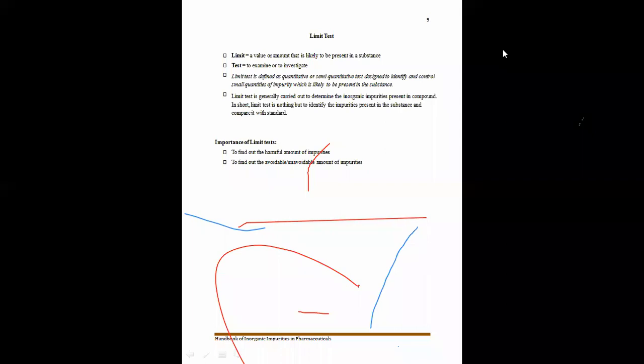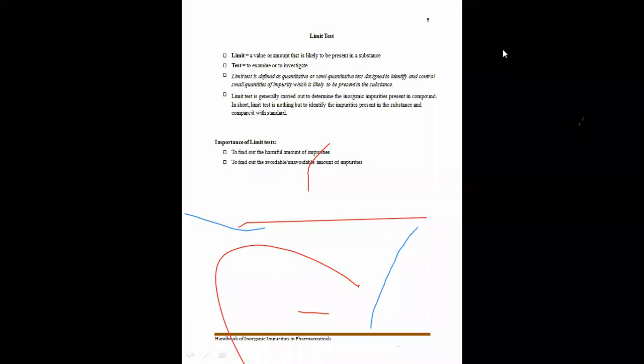So here we can determine the presence of impurity as well as how much amount of impurity is present in that pharmaceutical substance. This also we can determine. This total procedure is known as limit test. So what is the importance of these limit tests?